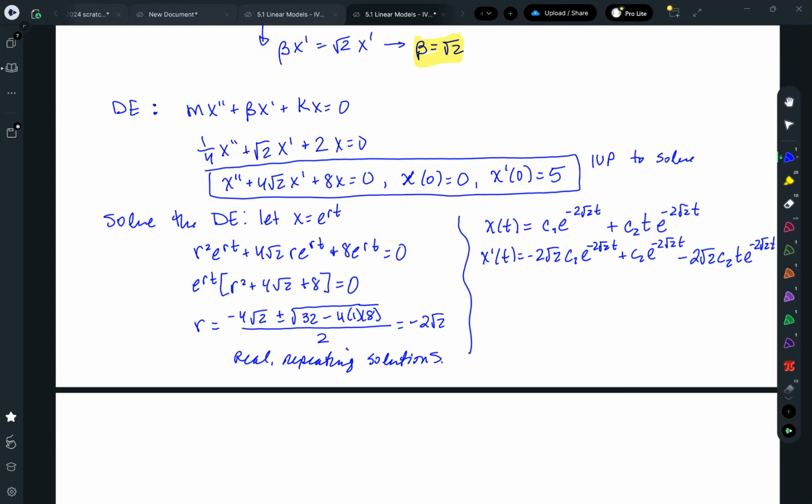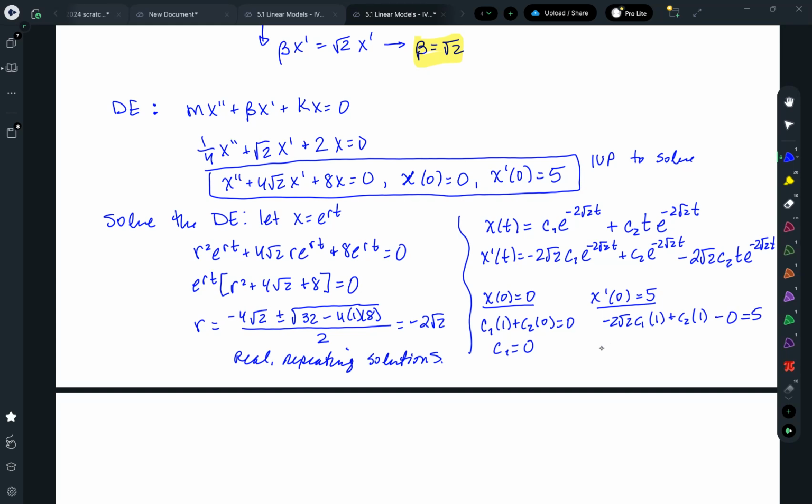All right, and I'm going to apply my initial conditions. x of 0 is 0. I plug in 0 everywhere for t, and I get c1 times 1 plus c2 times 0 is 0, which means c1 is 0. And then x prime of 0 equals 5. So plugging in 0 for t everywhere, I get negative 2 square root 2 c1 times 1 plus c2 times 1, and then minus 0 because we're plugging in t equals 0, and this is all equal to 5.